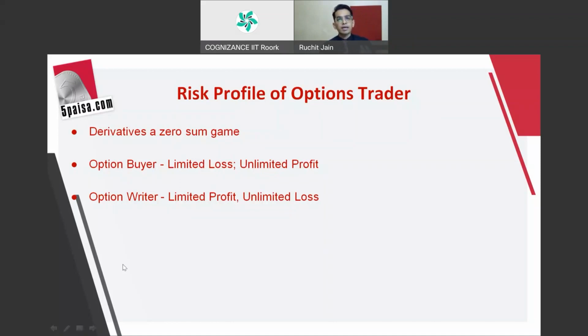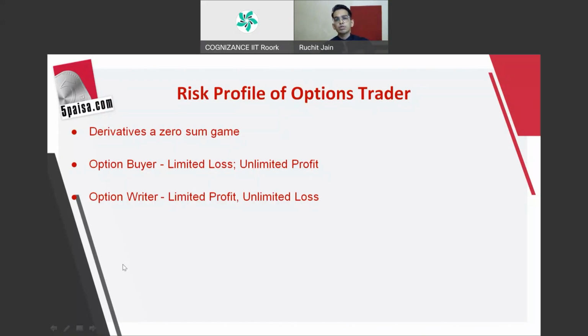So if the option buyer's loss is limited, can I say that the option seller's profit is limited? Whatever loss the option buyer makes will be the profit of the option seller. Option seller means option writer. So if the option buyer's loss is limited, the option seller's profit will be limited.